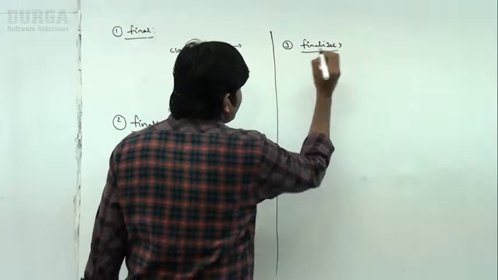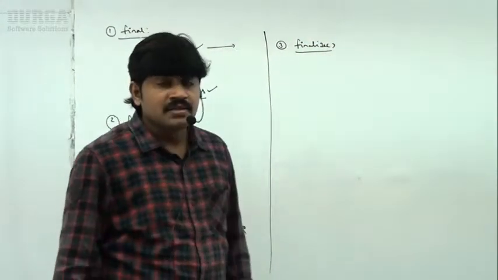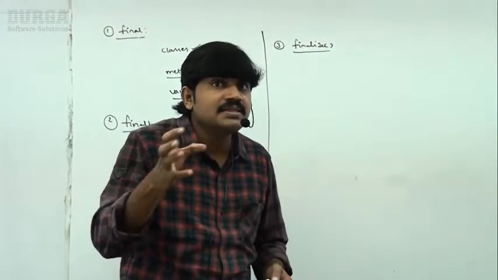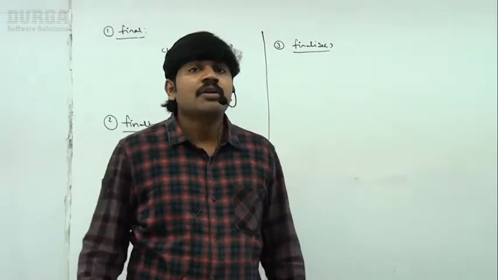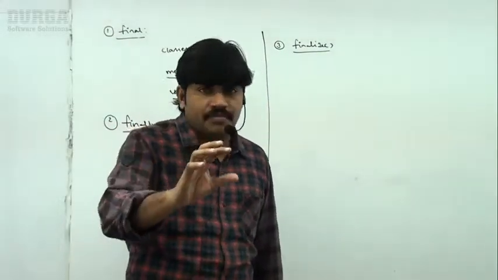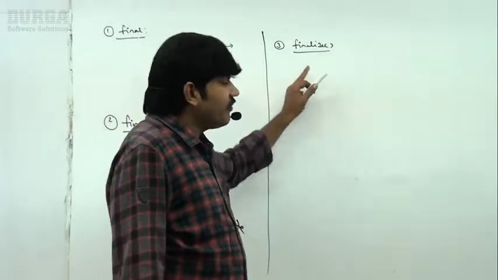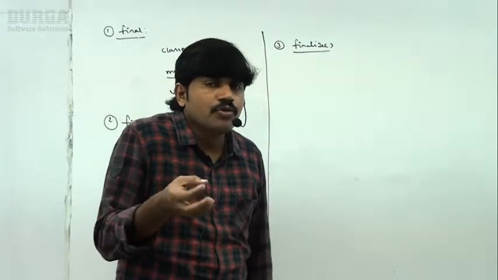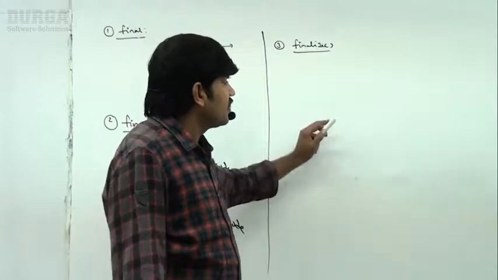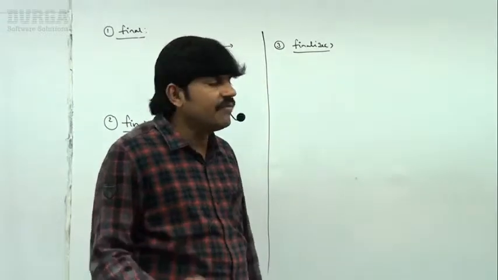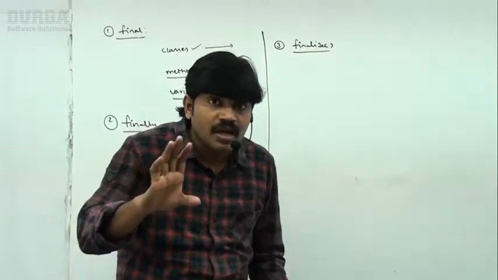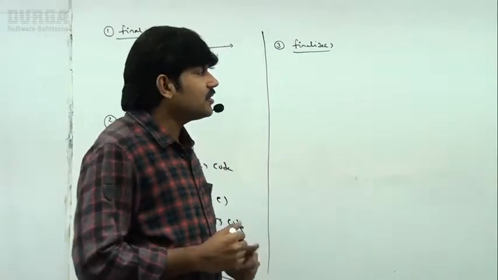What is finalize? Finalize is a method. Remember this. It is associated with the garbage collector. Of course, it's not required for certification, but anyway, be aware of it. Suppose I have an object.